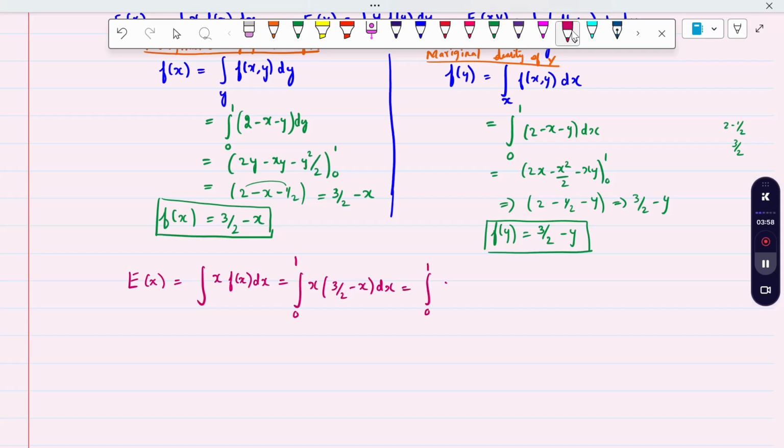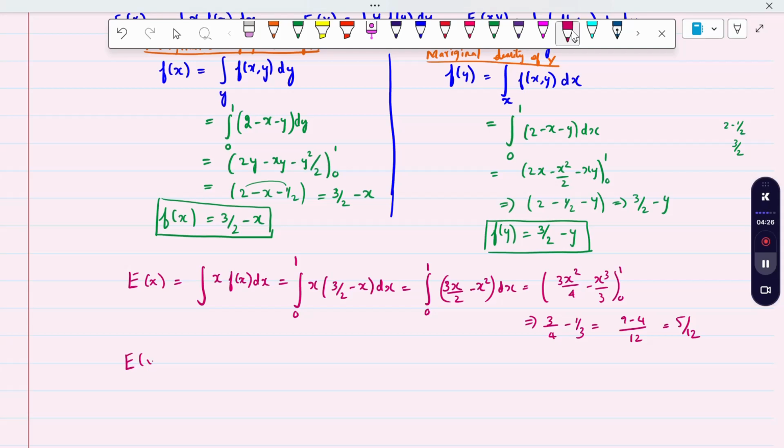Multiply x inside. It's nothing but 3x squared divided by 4 minus x cubed by 3, from 0 to 1. When I substitute, 3 by 4 minus 1 by 3. Taking LCM 12, it is 9 minus 4, 5. So 5 by 12 is our answer.